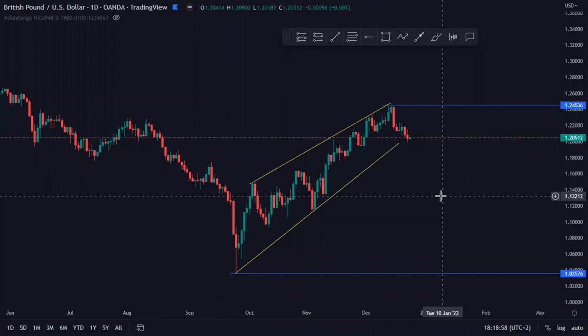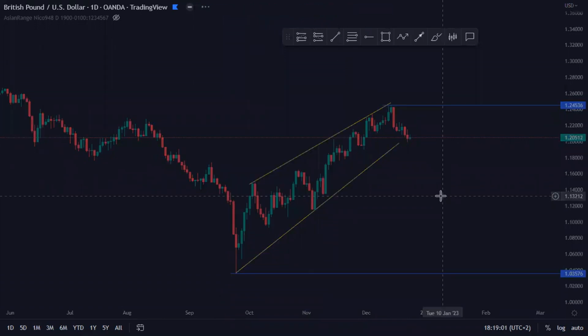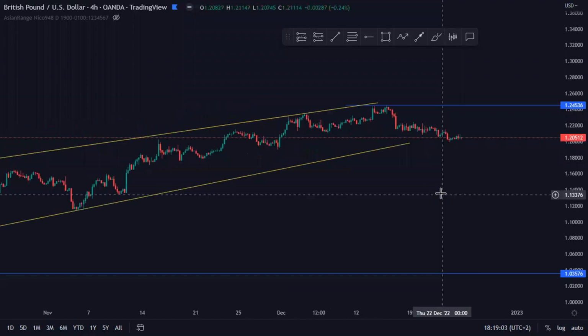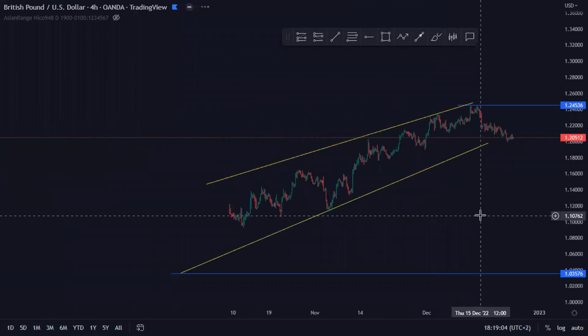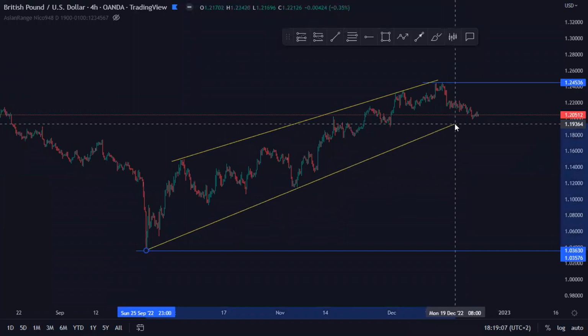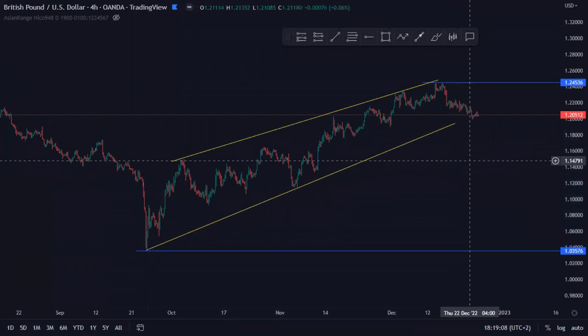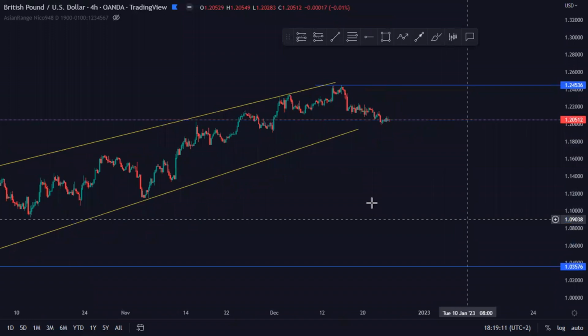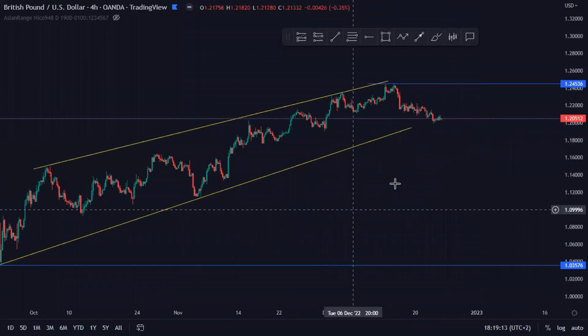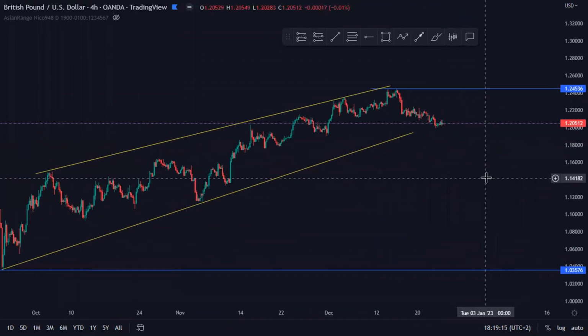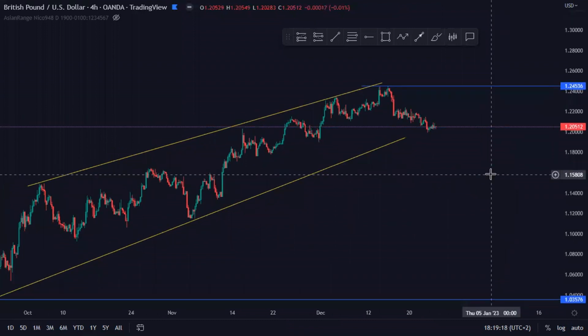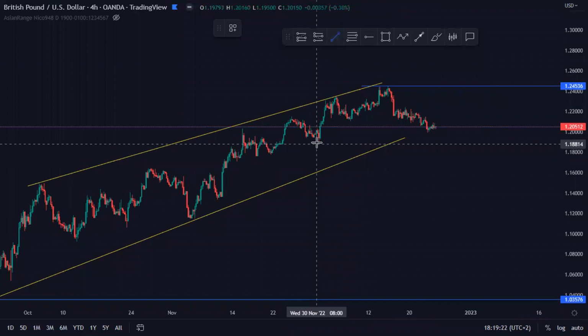Let's go on our 4 hour time frame. Okay, always remember to fix your trend lines when you do your analysis. Okay, this is now 4 hours. As you all can see in here, we have this.